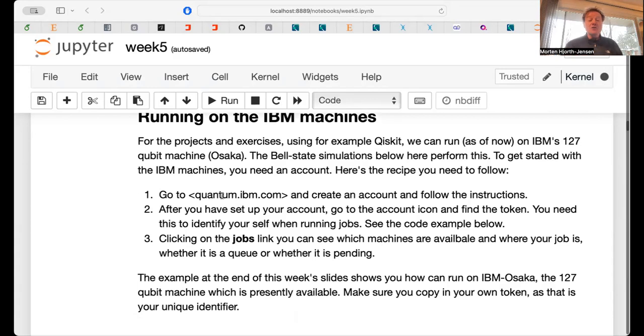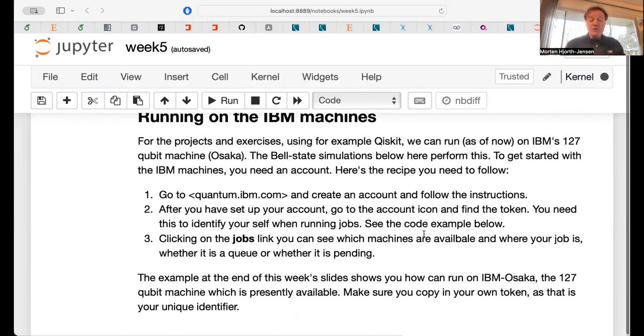The instructions are just to go to quantum.ibm.com, create an account and follow the instructions. One thing you will need is your own token, and I will show you where you can fetch that when you go to your account page on ibm.com.